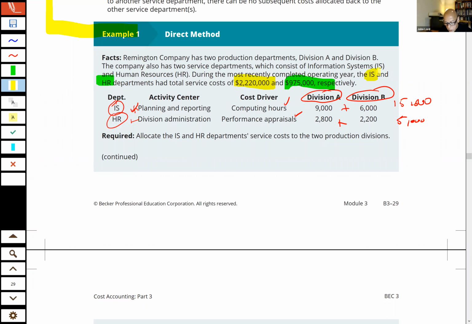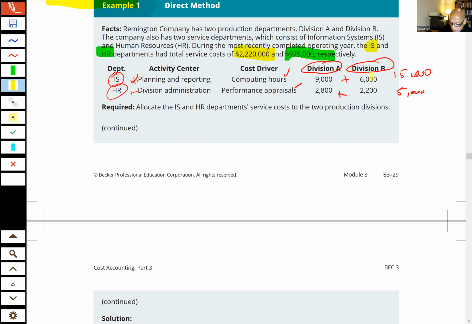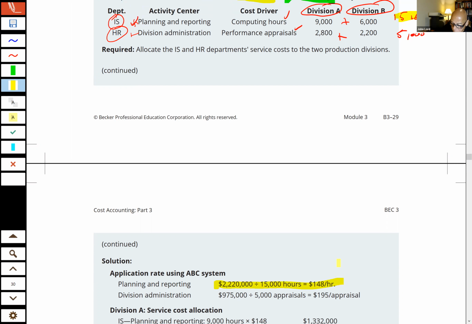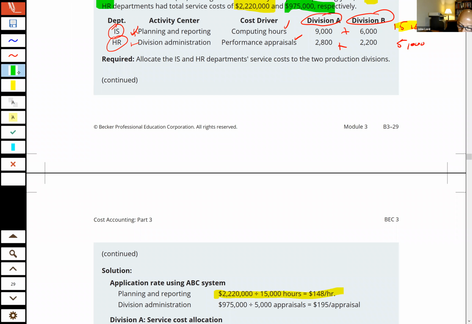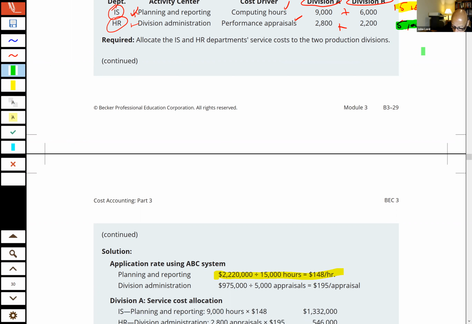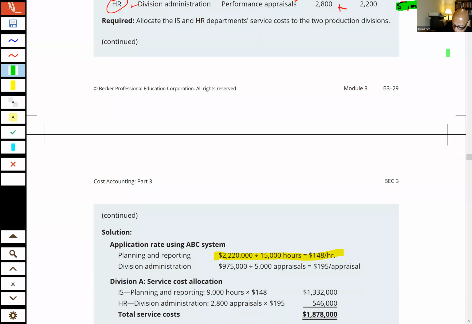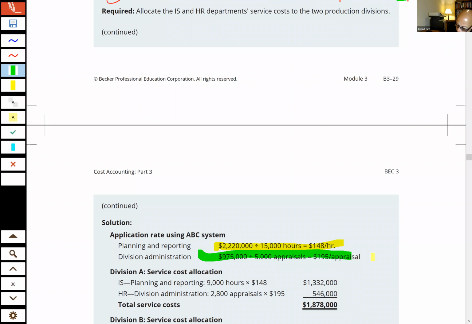Okay, good. Now we pick up that 15,000 for the information system, so we have the 2,200,000. That's 148 per hour. We have the 5,000 up here for the HR, so that's the 975 divided by that 5,000. That's 195 per, I guess, performance appraisal.